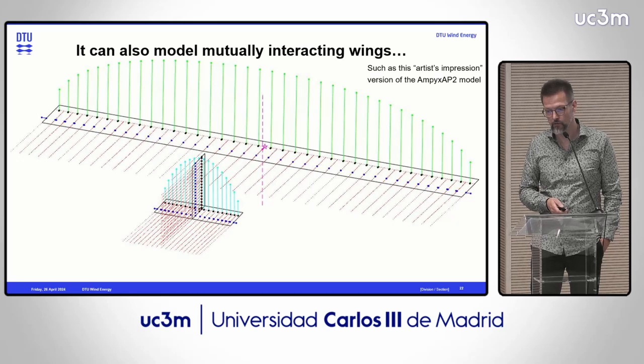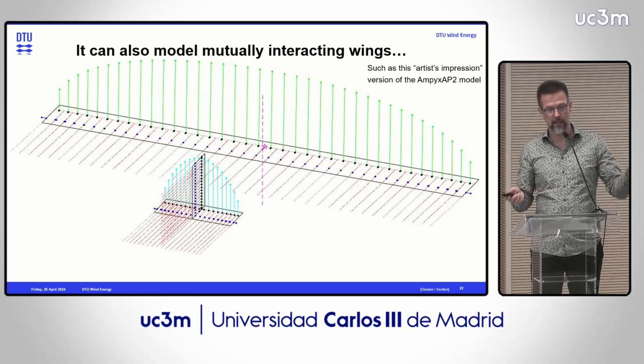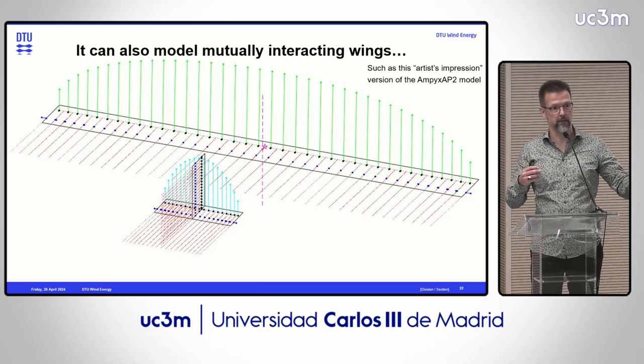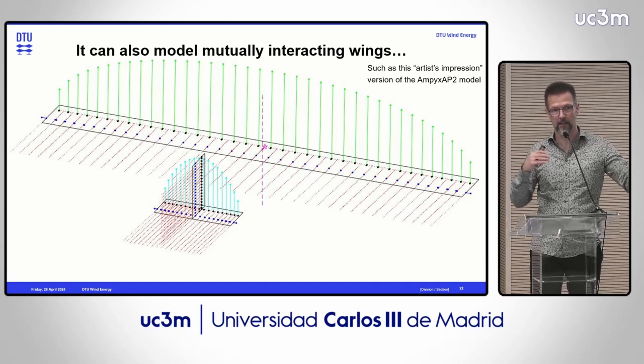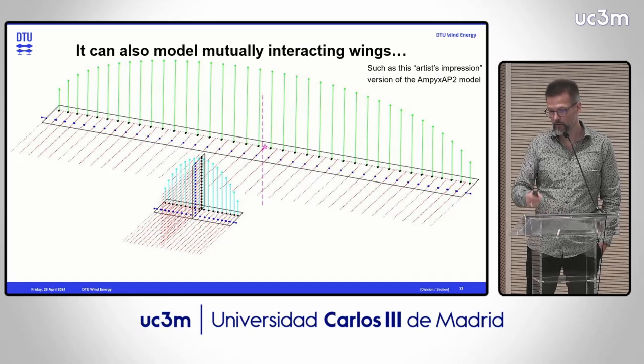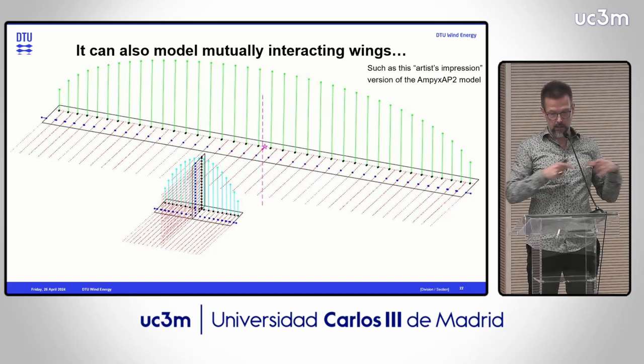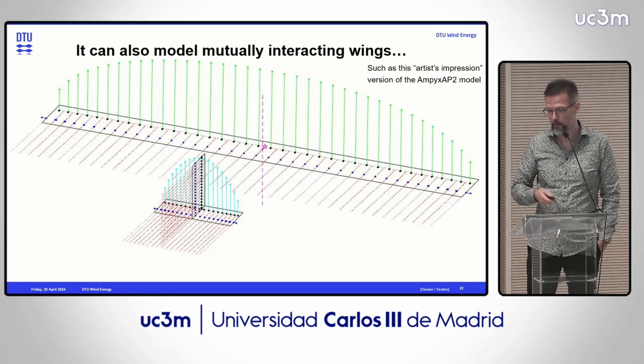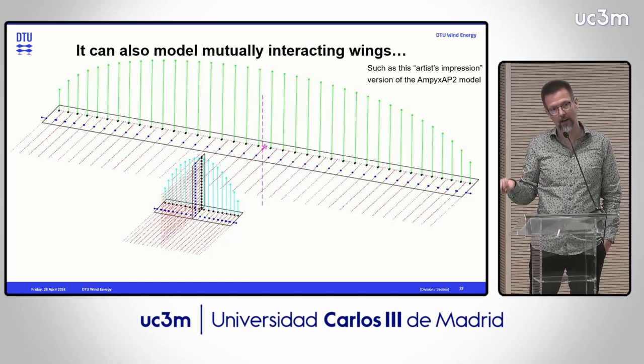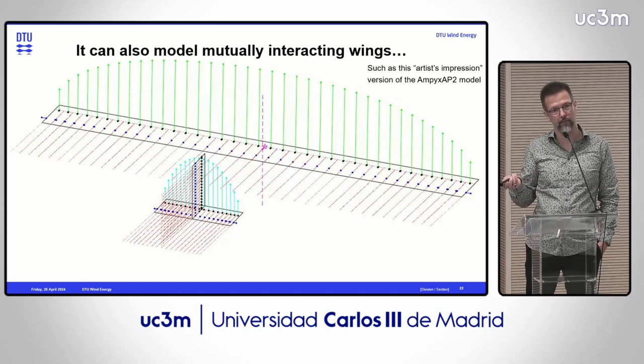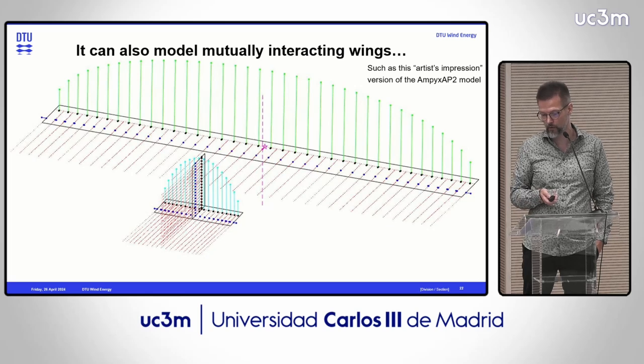So I tried to then set up a case with more than one wing, because the model can do that. Everything feels everything else in the model. So if you have a main wing and some tailplane, horizontal, vertical tailplane, you can model that. So this is an artist's impression of something like an Ampyx AP2 model.